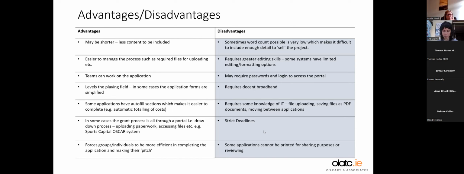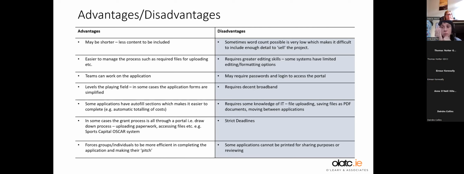So, if you go into the OSCR system of the sports club, you can look at all the applications you've submitted in the past, the files you've uploaded, the information that you've provided, and all your grant drawdown process is done through that as well. So it's a good filing system for accessing all your documentation in relation to that grant.